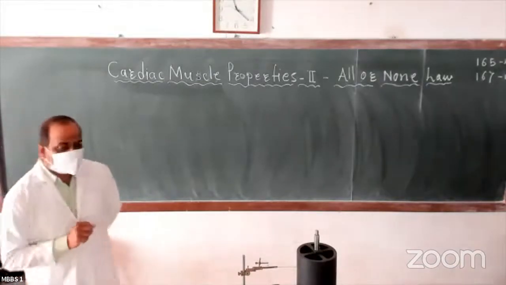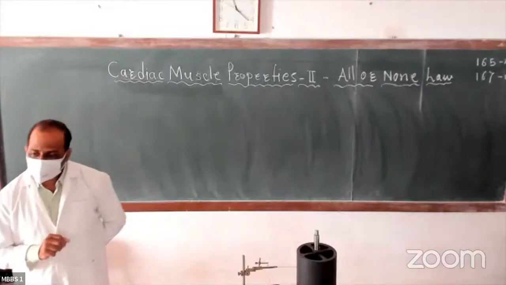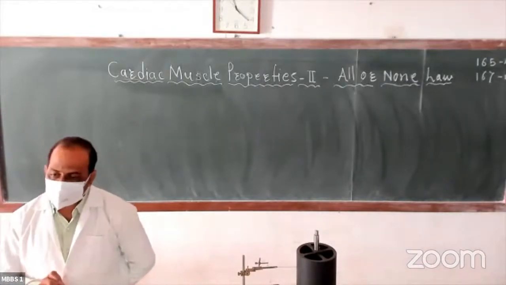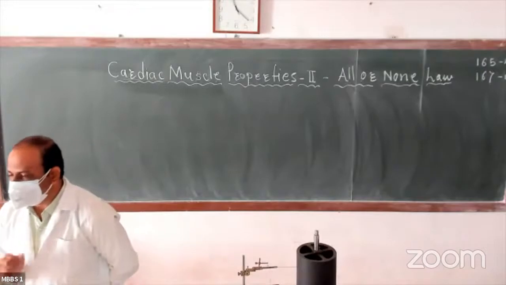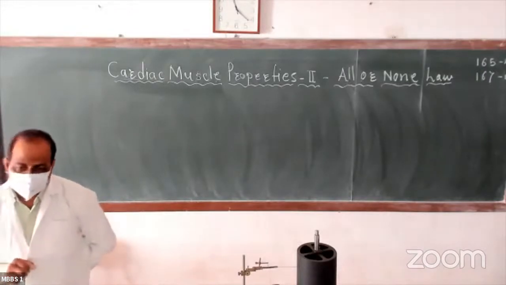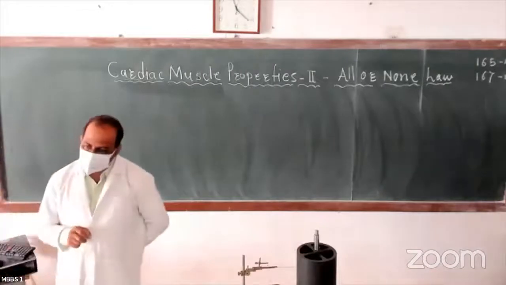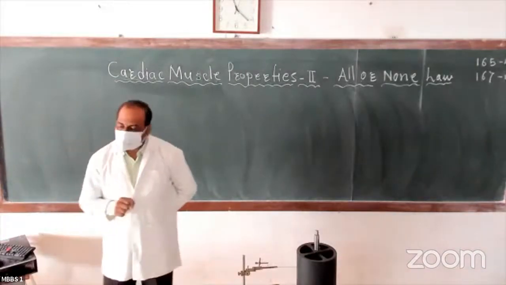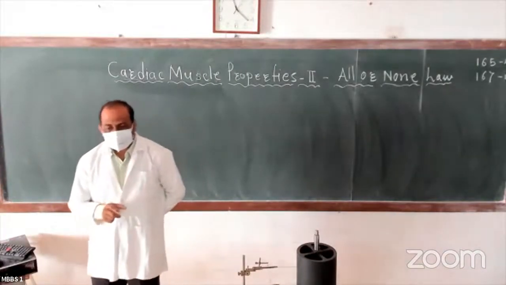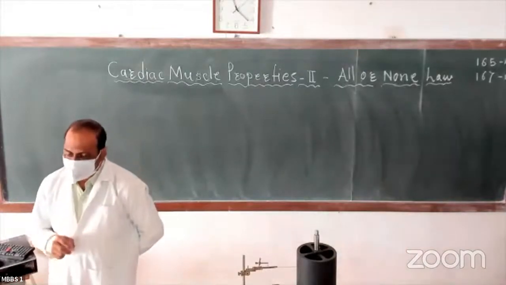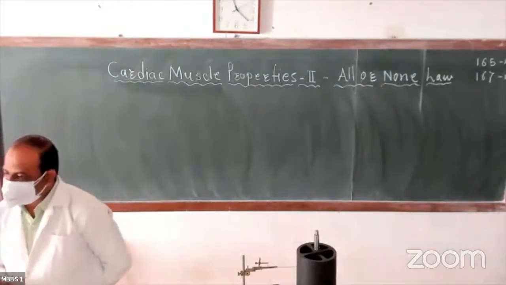In the second part, we are going to discuss the all or none law. What is this all or none law? For that purpose, you should know about the structure of the cardiac muscle. As you know, in skeletal muscle there is a motor unit. A skeletal muscle possesses a lot of motor units, which depend upon the size.